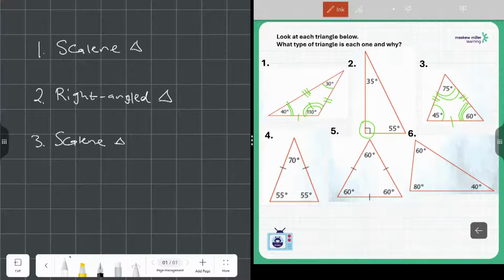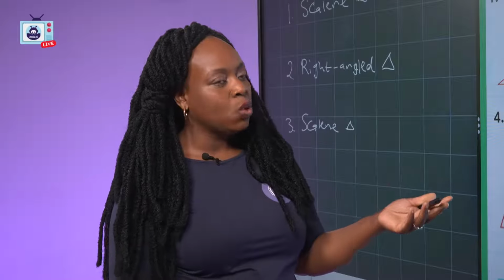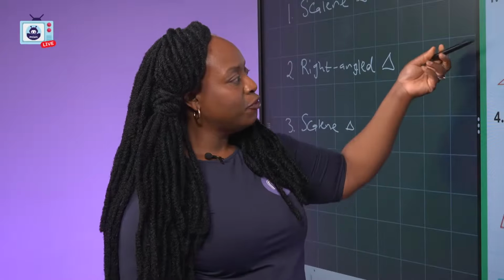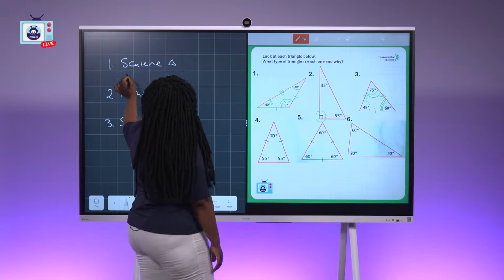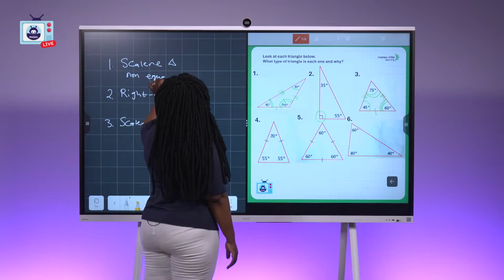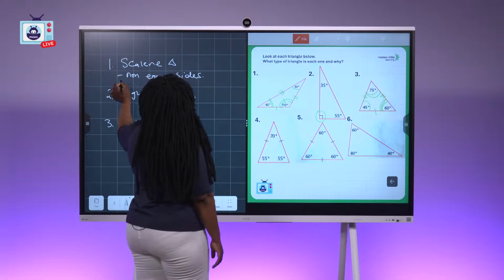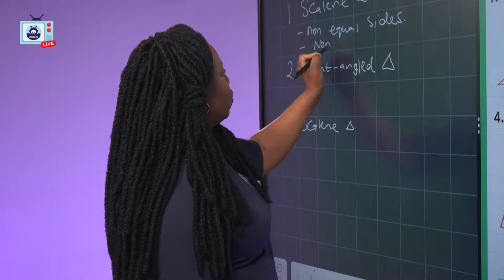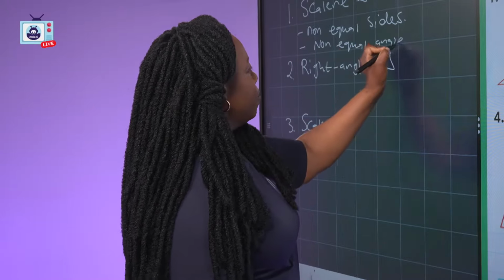Because you're going to say the definition, or the description, is that their sides are not equal. So for example, number 1, you're going to say non-equal sides. That can be one answer. Or someone else can say non-equal angles, right? So that is 1 or 2.